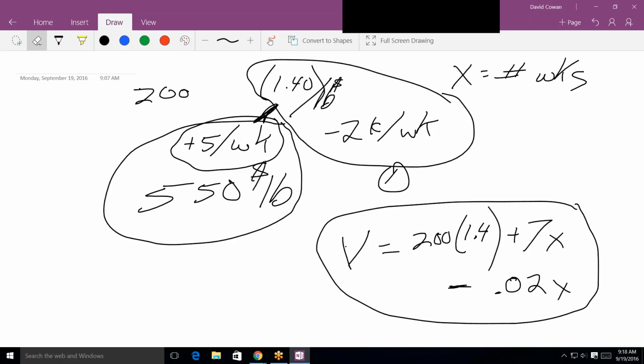So, let me think about this. The starting value is not really 200. Let's start from scratch here. All right. Starting value is definitely that times that.